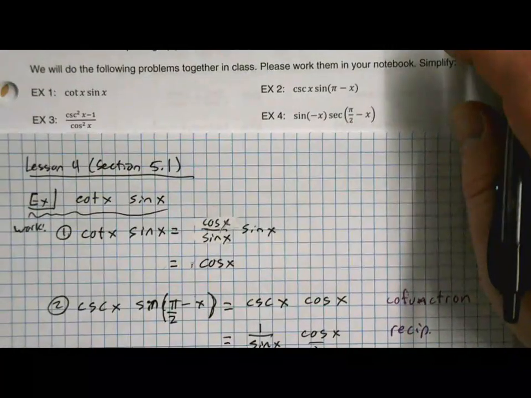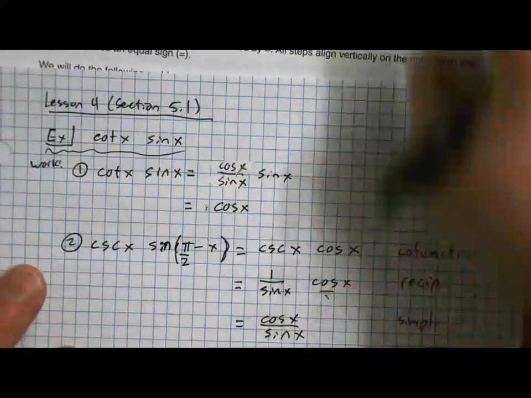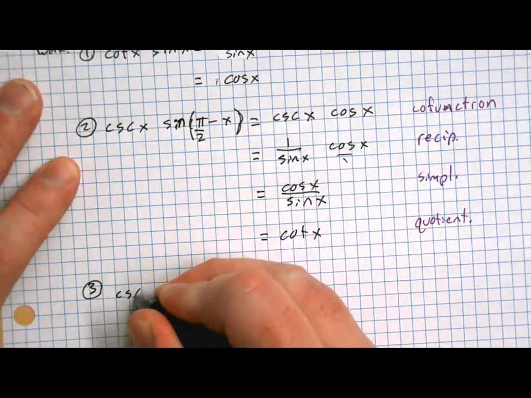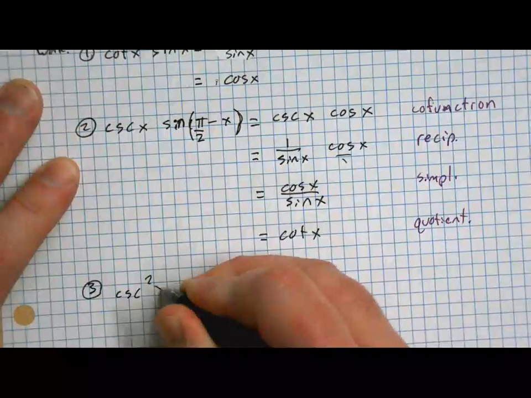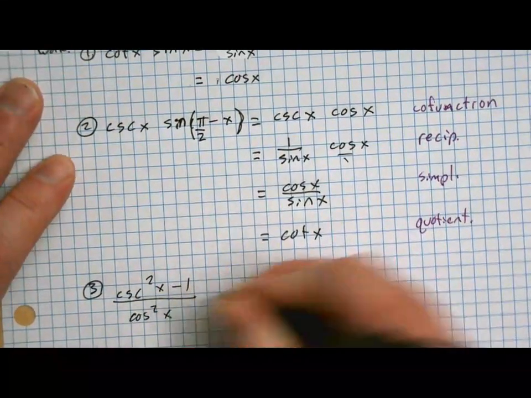Number 3. Oh, I love this one. Number 3 is cosecant squared x minus 1 over cosine squared x.